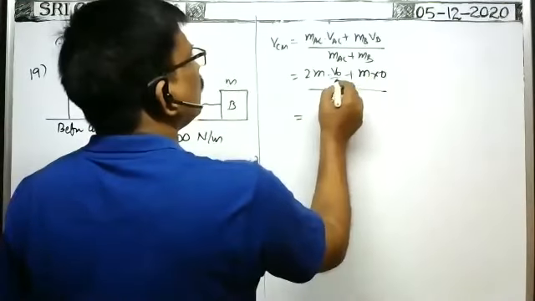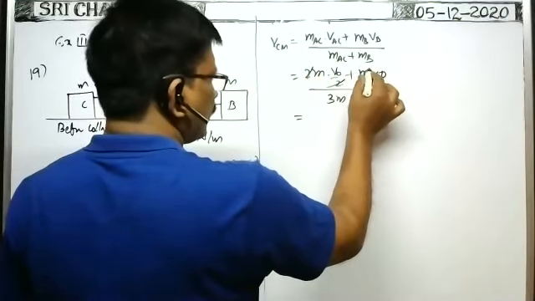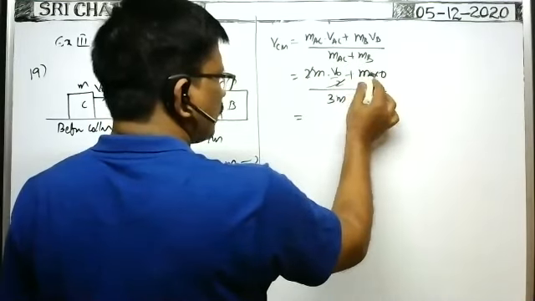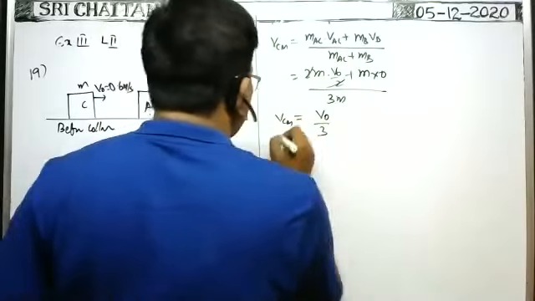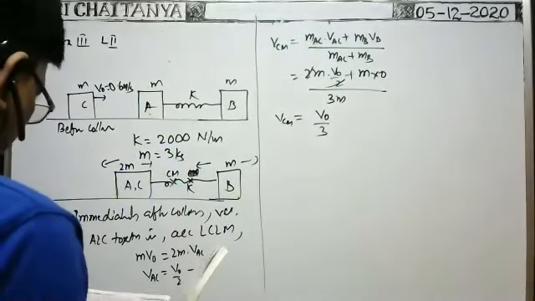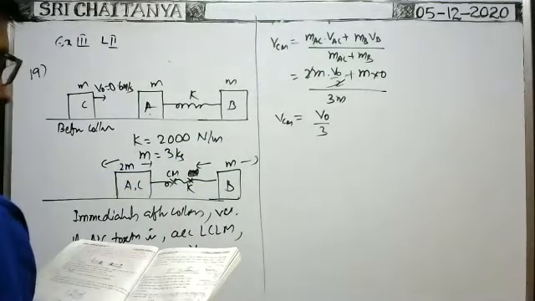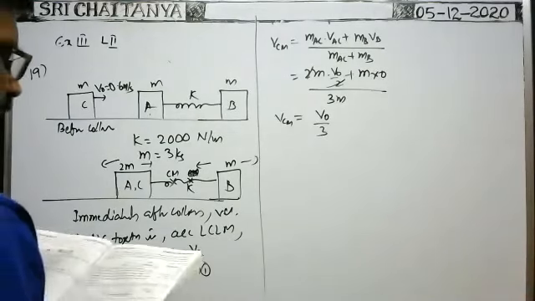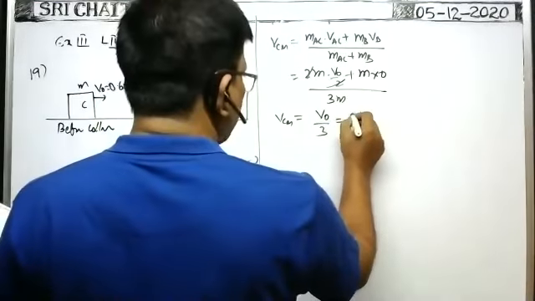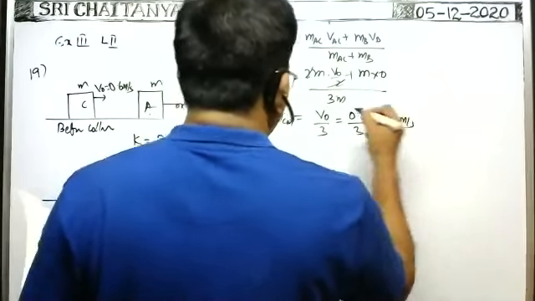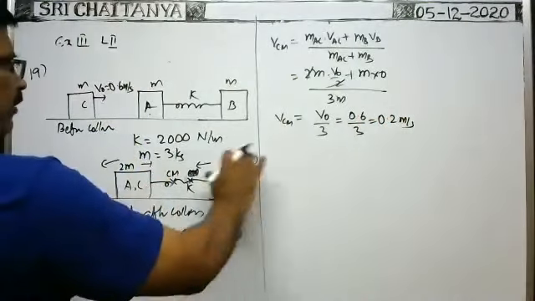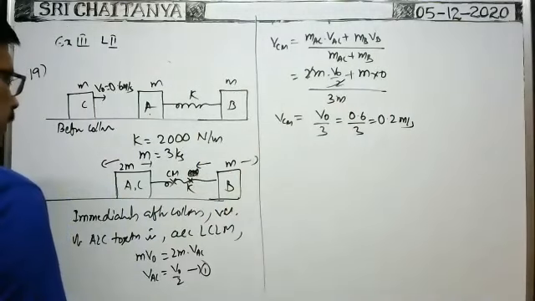The 2 cancels, giving mv0 plus 0 by 3m, that means v0 by 3. It is the velocity of the center of mass of the system. V0 is given as 0.6, so 0.6 by 3 is equal to 0.2 meter per second. So the center of mass travels in this direction with a velocity of 0.2 meter per second.